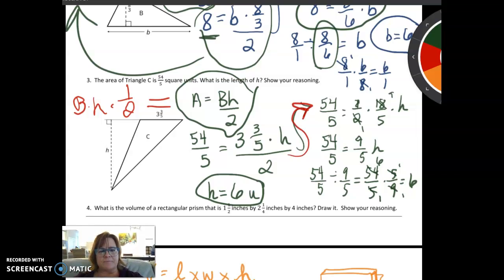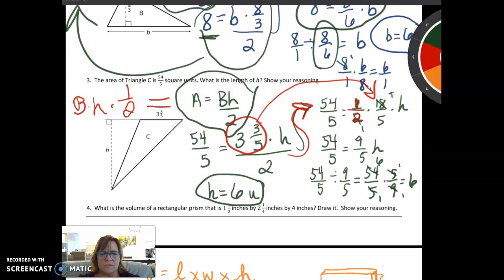So I have 54/5 is equal to 1/2 times 18/5, that's what 3 3/5 is as an improper fraction, times my height. So 54/5 is equal to 9/5 times the height. So to figure out what the height is, I'm going to take the 54/5 divided by the 9/5, which is the same as 54/5 times the reciprocal here, 5/9, and that equals 6. So we know that the height here is equal to 6.